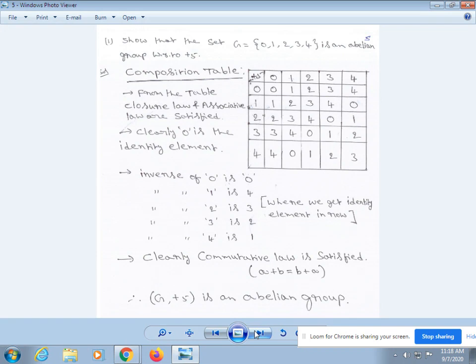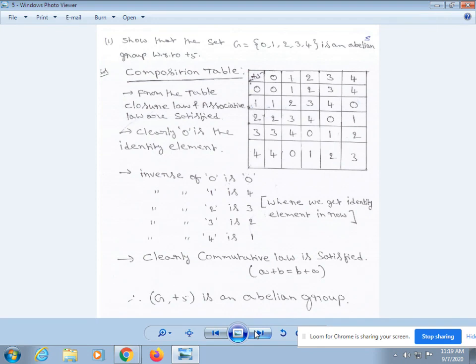Here 0 plus 0, addition modulo 5, is nothing but 0. Next, in the same way, 0 plus 1 addition modulo 5 is 1. 0 plus 2 is 2. 0 plus 3 is 3.